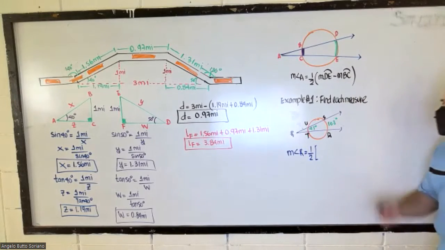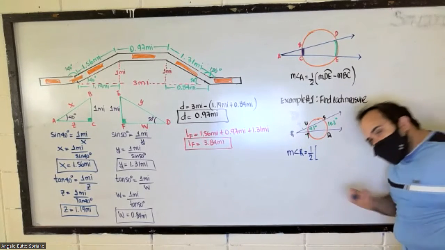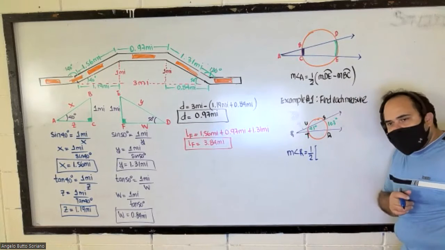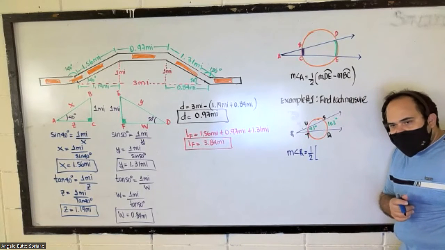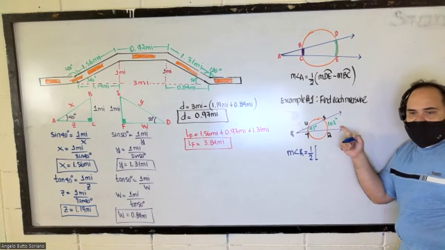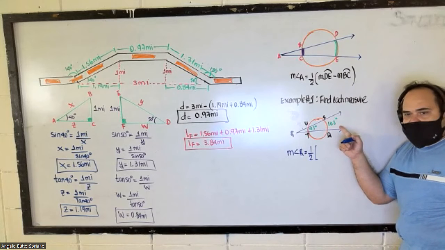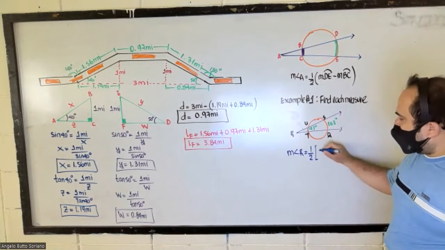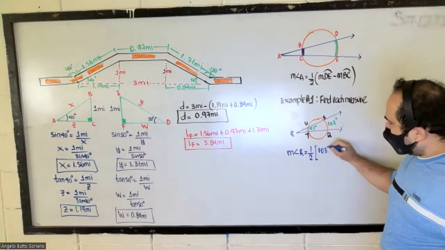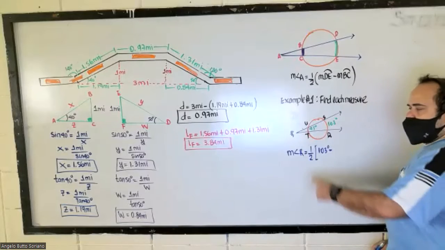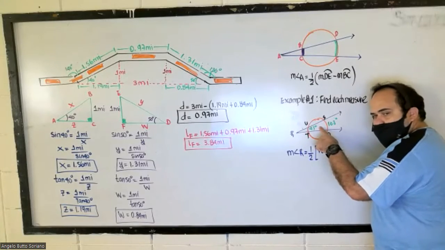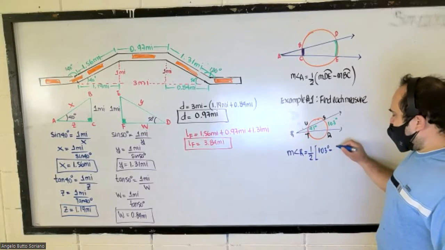What will be the bigger arc in this case? 103 degrees. Minus the smaller one, this is 43.